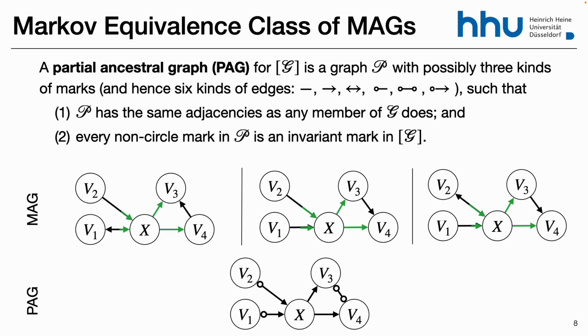For instance, if we had between V2 and X a bidirected edge in all three MAGs, it would also be bidirected in the PAG. I was just wondering if there was something I was missing, because I only saw examples where they showed directed, not bidirected.